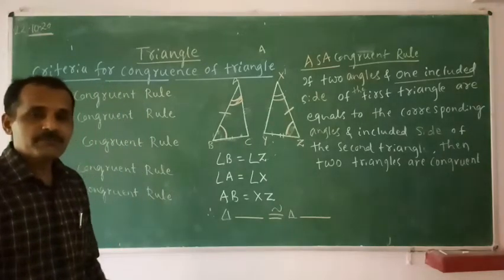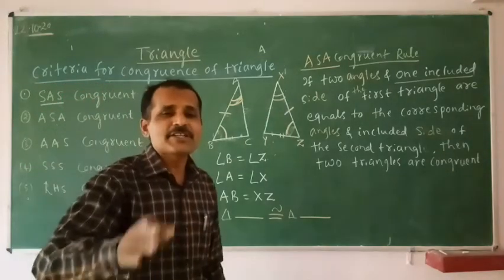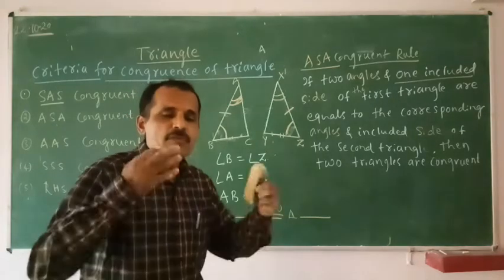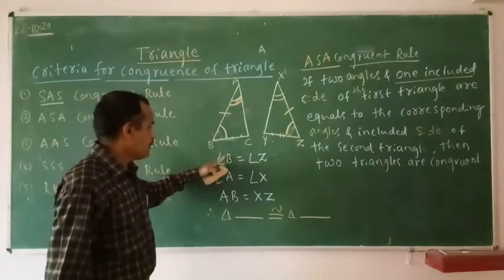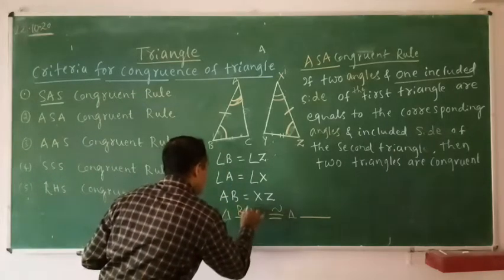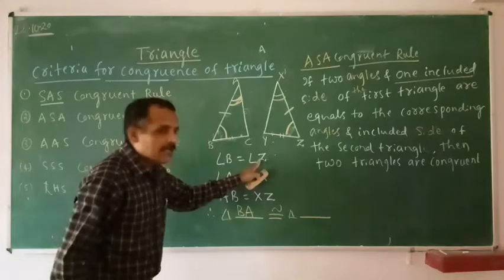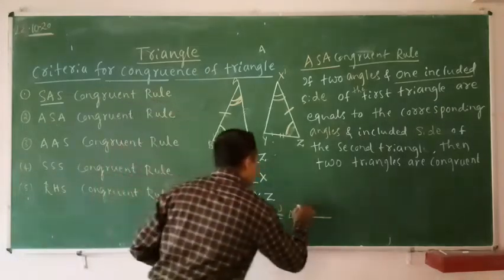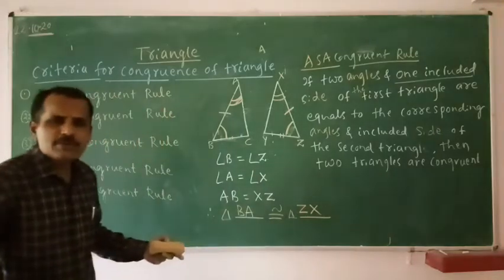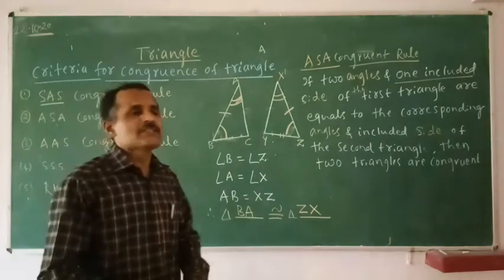Very simple. When they have given the angles, my dear children, it is very easy. First alphabet B, second alphabet A. Correspondingly here, first alphabet Z, second alphabet is X. Two alphabets we got. The third alphabet is very easy to write.